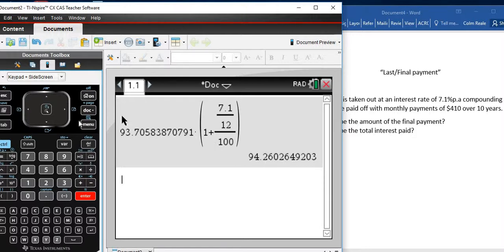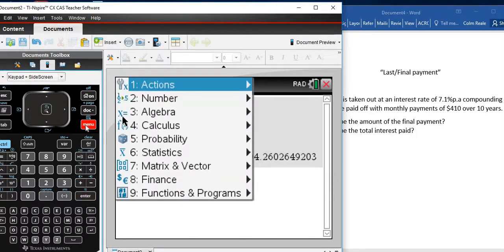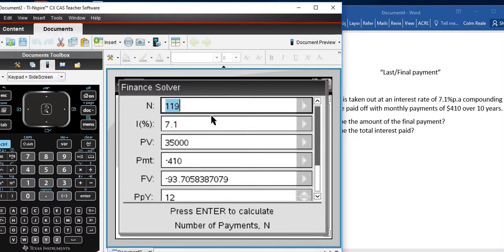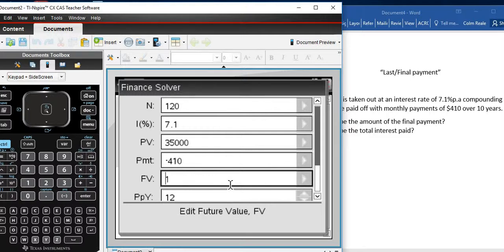$94.26. Now I'm going to do that an alternate way on the CAS. 119 payments means you still have $93 to pay off on the loan, so the negative there. Let's have a look and see what happens if we make 120 full payments.